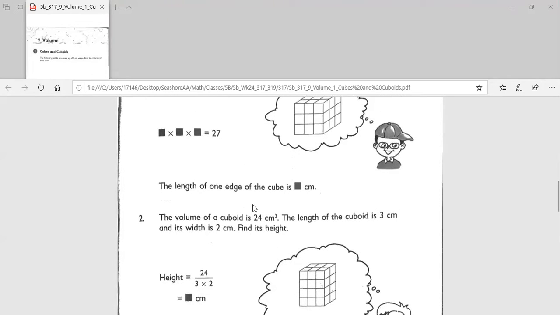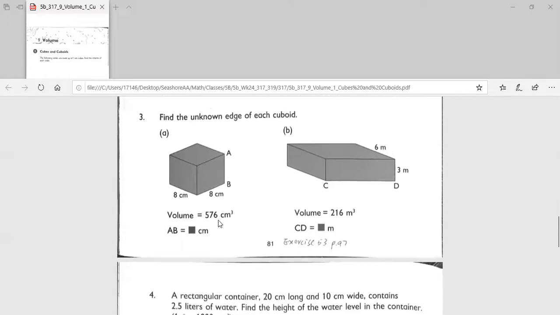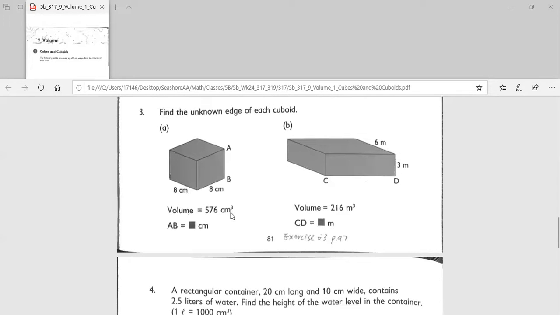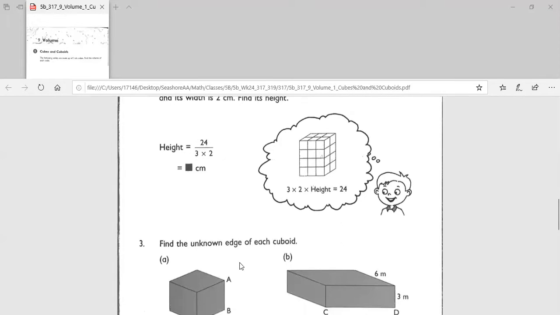We went over that this is a 3-dimensional concept, and how to figure out one of the missing numbers if we know the volume. Let's do a quick review for question number 2, and then we will continue with question number 3.